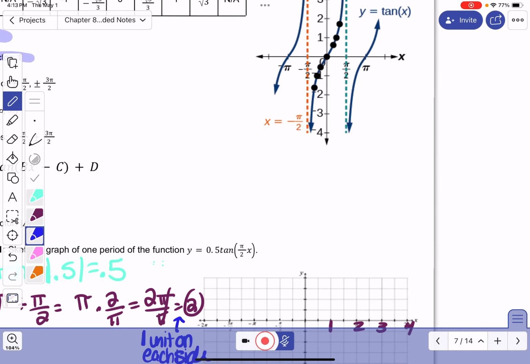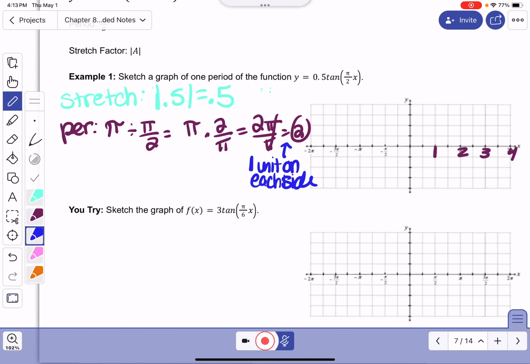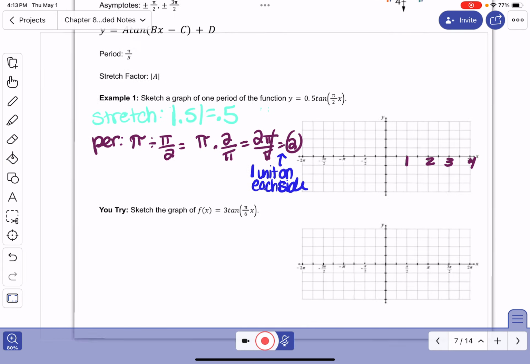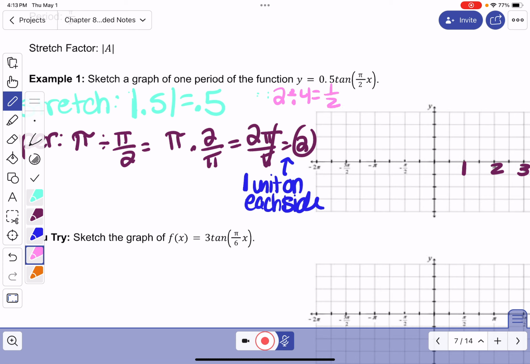So that means like here you have a midpoint and then you go to the right and the left. So we're going to have 1 unit from each side of the origin. Then we go back up and we do our period is 2. 2 divided by 4 is 1/2. So we're going to use that to apply our stretch factor. I'll show that in a second.